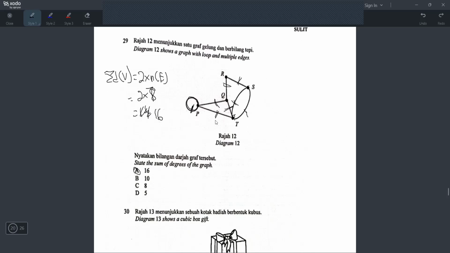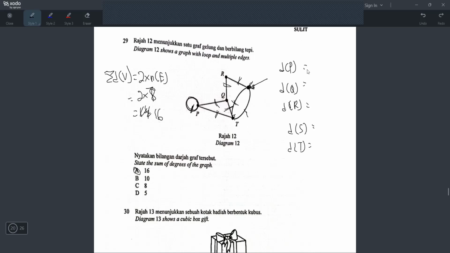Okay, but there are some questions where you cannot use this formula. When can we not use this formula? When they ask you to find the degree of one vertex. If they want you to find the degree of one vertex, then you have to do it separately. So I want to teach you how to find it separately also. I'll explain it very fast.